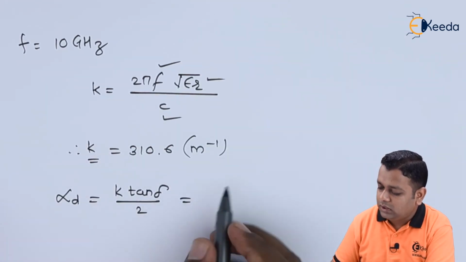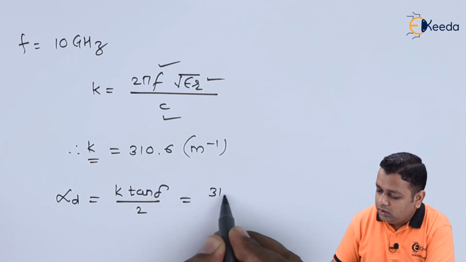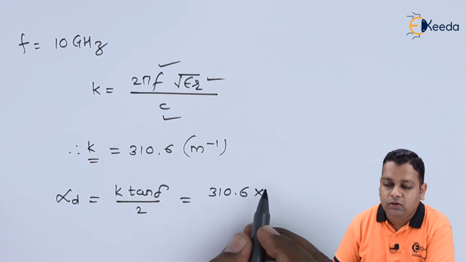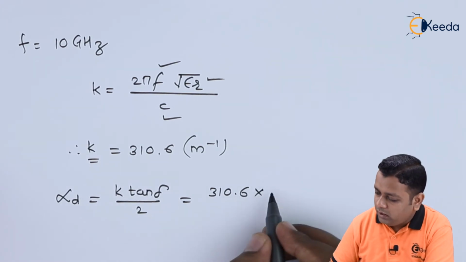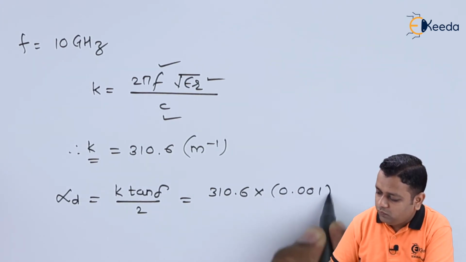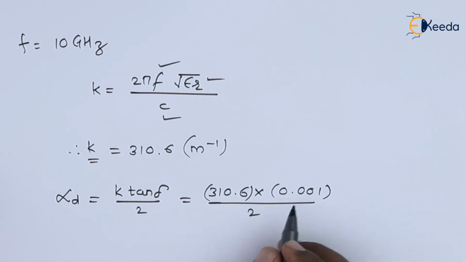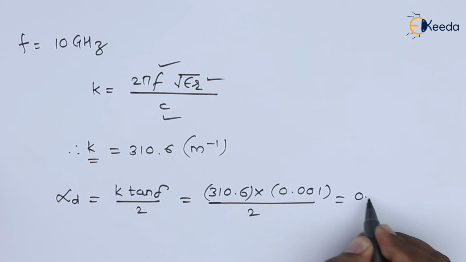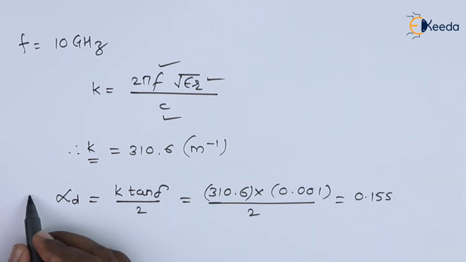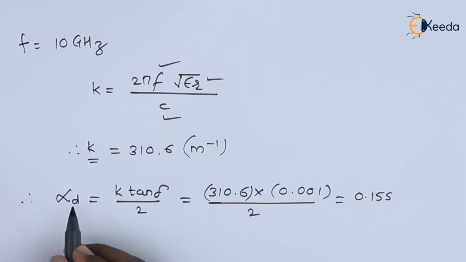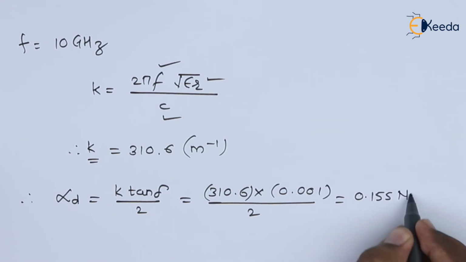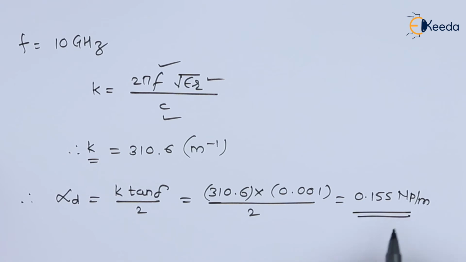Alpha d is equal to 310.6 into 0.001 divided by 2. This results in 0.155. As this is the attenuation constant for the dielectric material, we measure it in Nepers per meter, which is the SI unit.